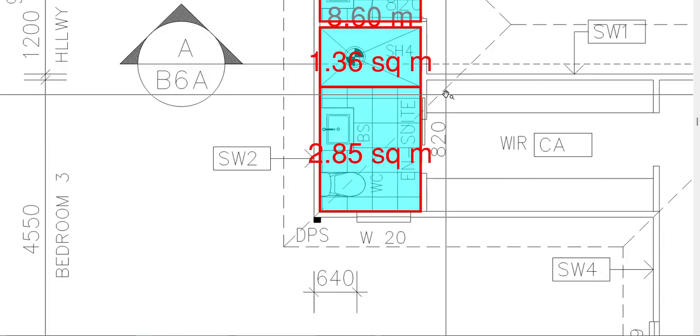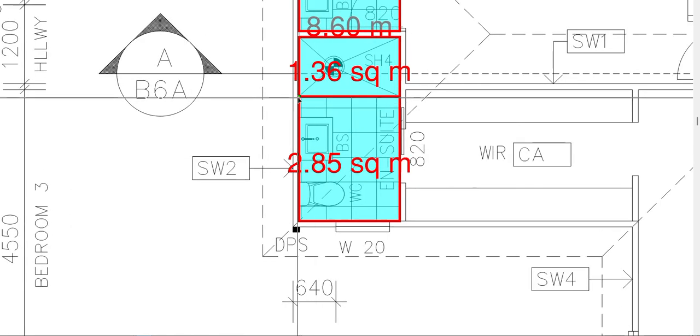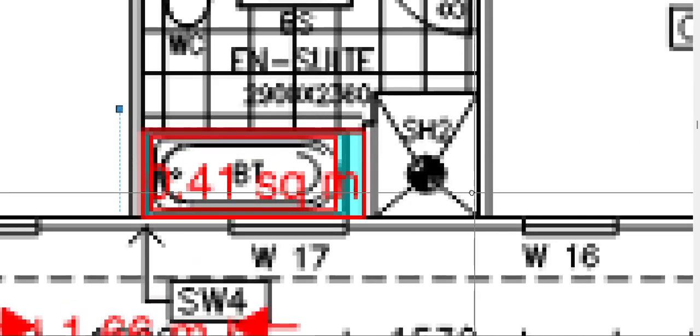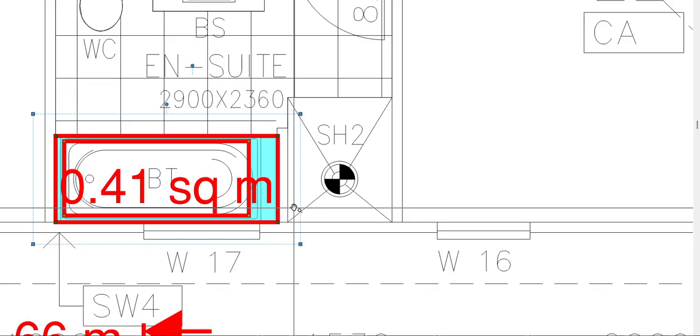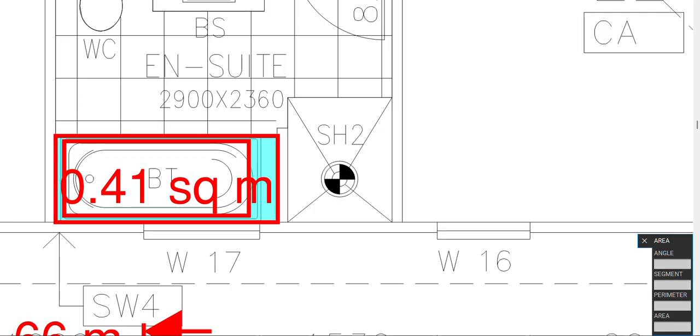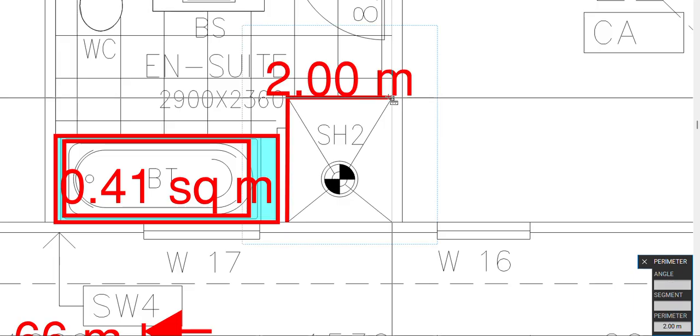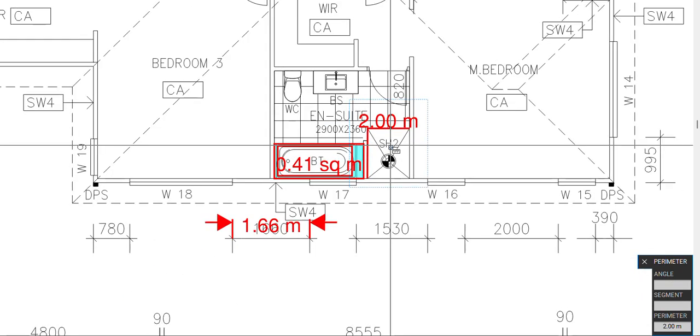This is the front only, then the base angle will come on this side, the exposed area. Similarly this is the front and return of the shower area. Then this perimeter will be taken as your shower base angle. We take the shower base angle for this area.